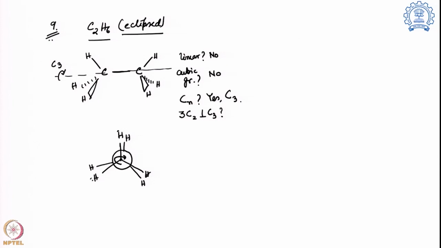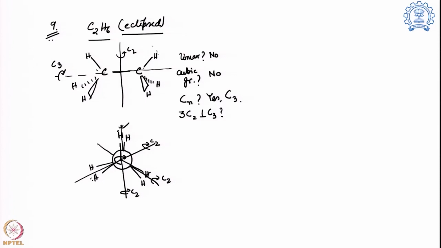The C2 is actually going through the CC bond and through this one over here, one over here and the other one over here. Basically, one example is going through this hydrogen, carbon, hydrogen, the middle of that.